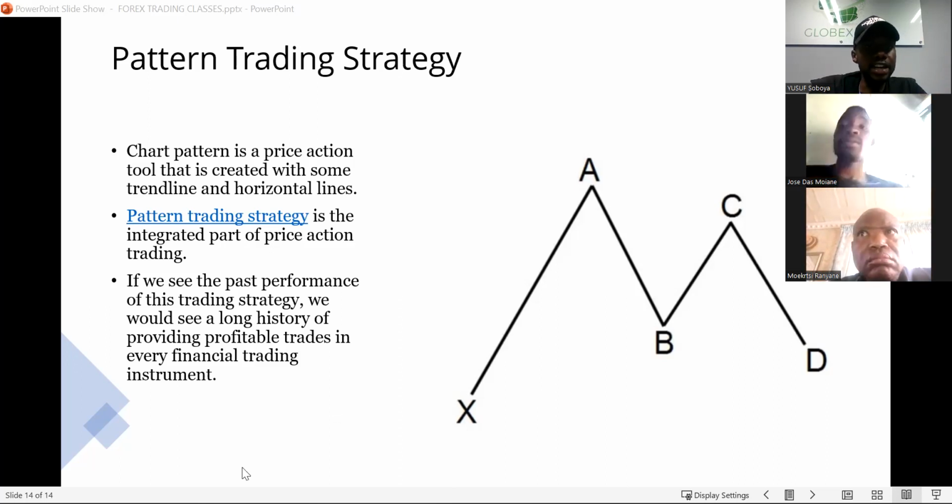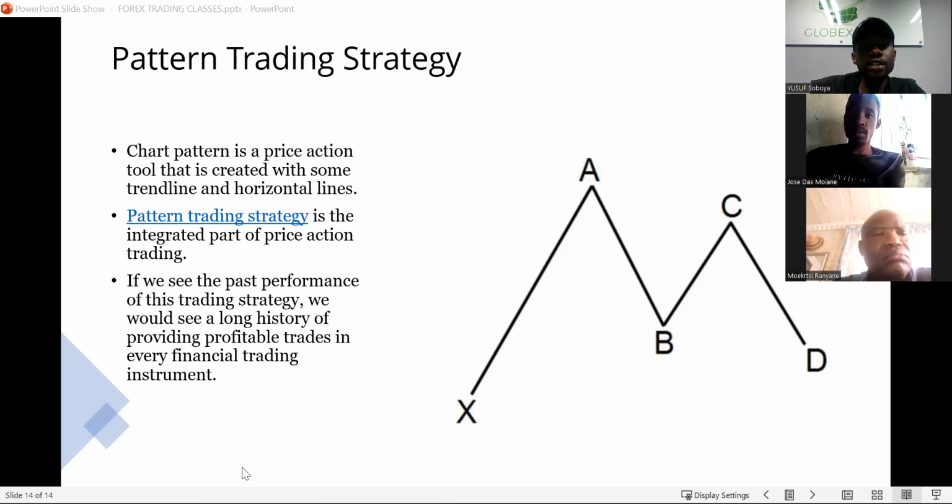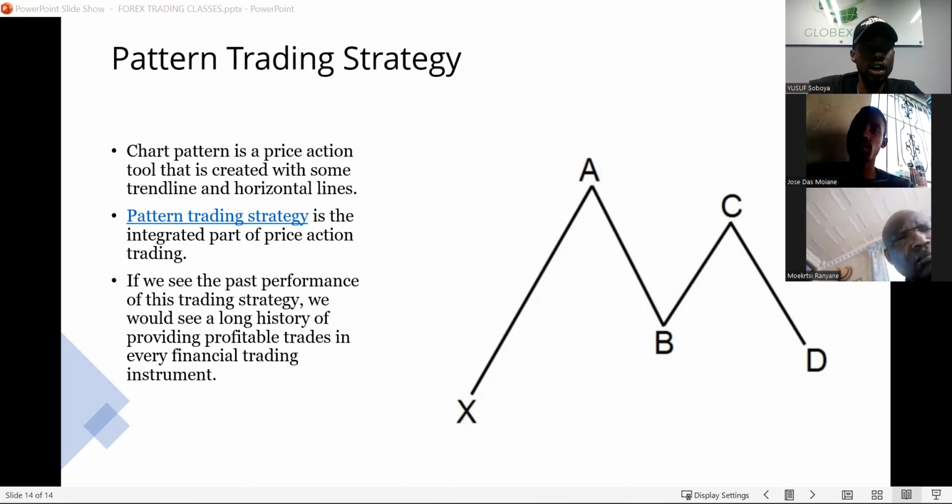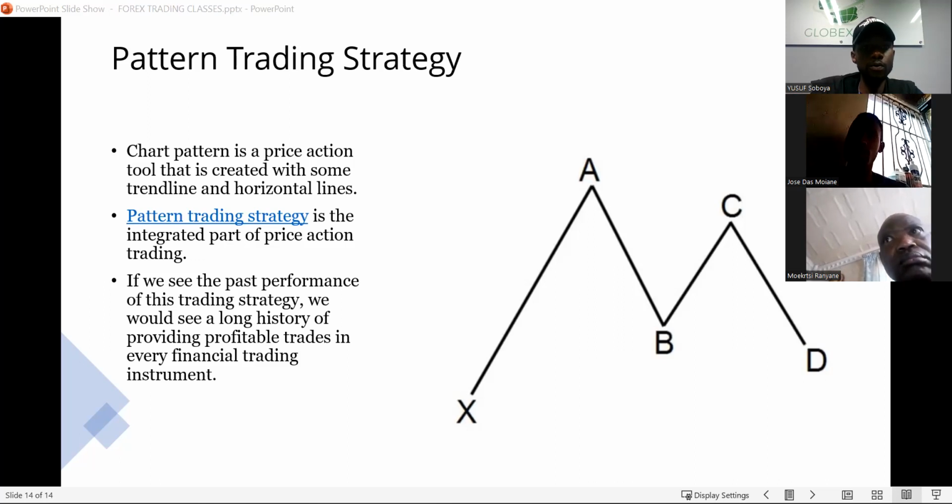So a chart pattern is a price action tool that is created with the sum of the trend line and the horizontal line. A pattern trading strategy is an integrated part of price action trading. If we see the past performance of this trading strategy, we would see a long history of providing profits to traders in many financial trading instruments.